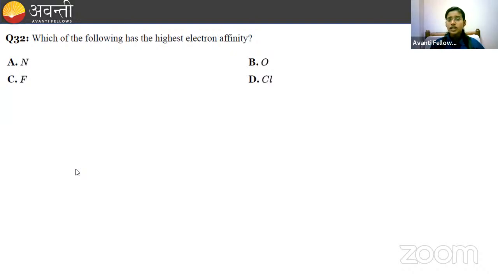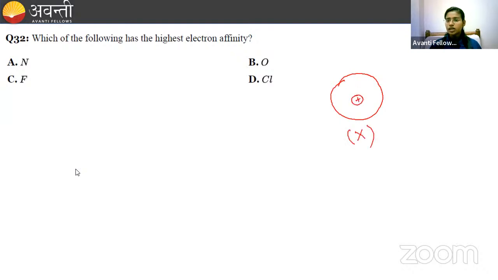When an isolated gaseous atom is there, and we add an electron to that isolated gaseous atom, some amount of energy will be released from that atom. Let me take this atom as X, in isolated gaseous form.